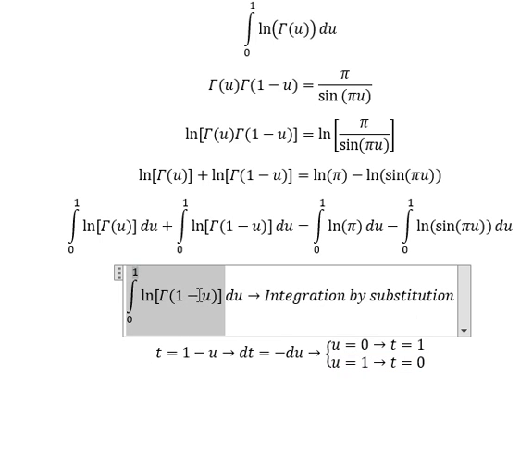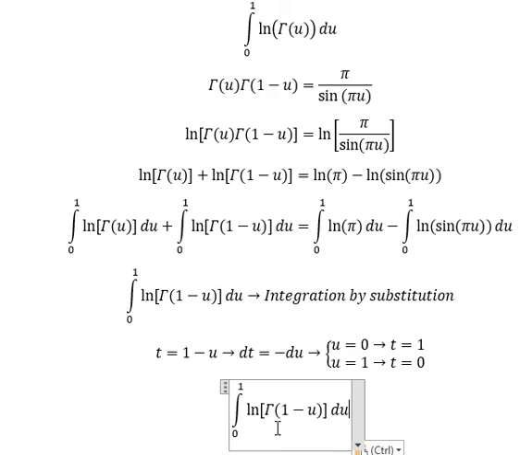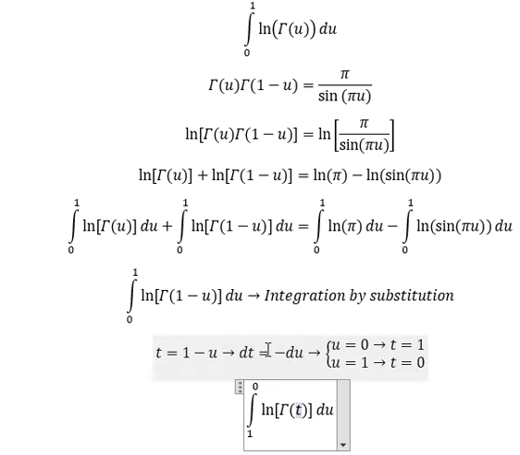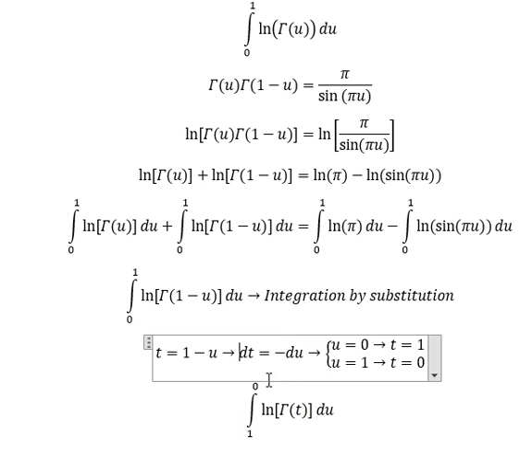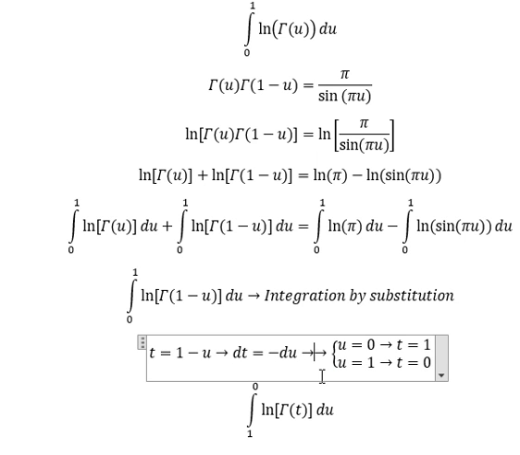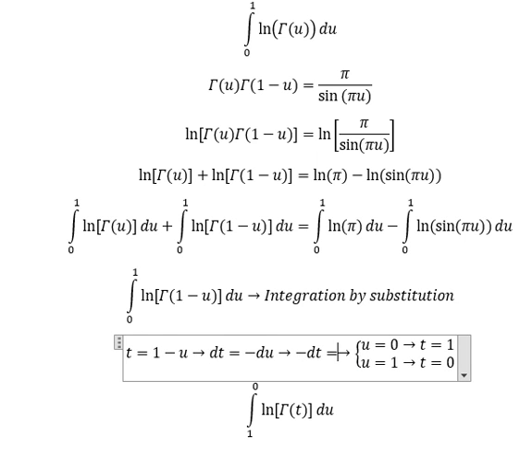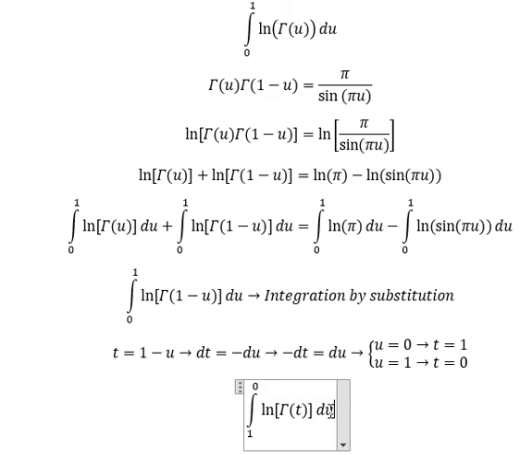So now we need to change everything in here. 0 we change for 1. 1 we change for 0. 1 minus u we change for t. du we change for negative dt because we put the negative side to the left. So you get negative dt.